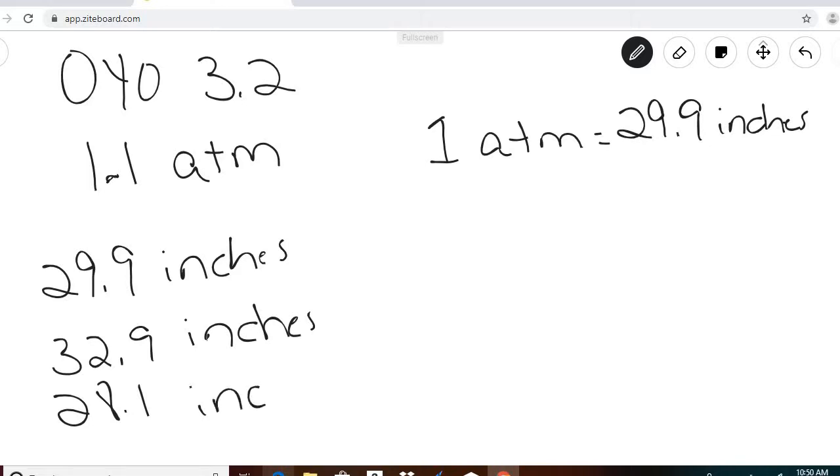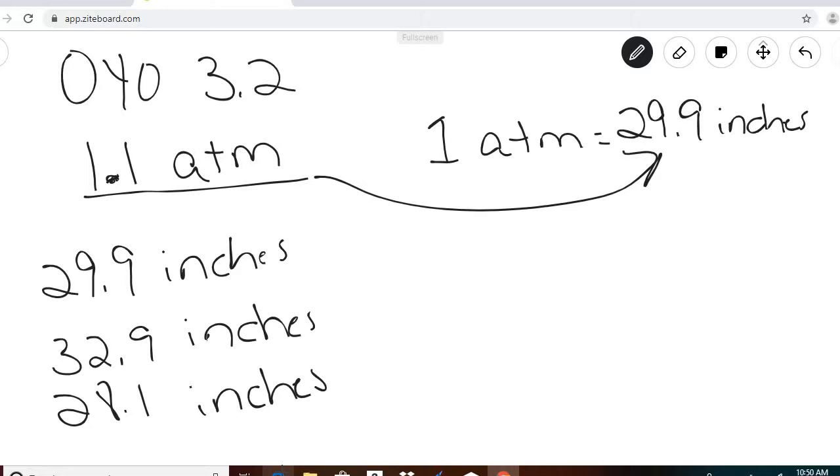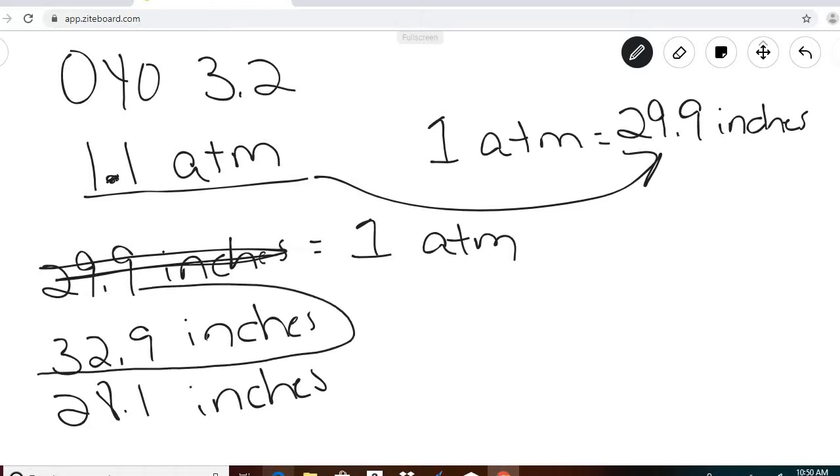Okay, so this tells us that the pressure is above average. If average is 29.9, we can eliminate that one because that is average atmospheric pressure, that's 1 atmosphere. We look at 32.9 and it is above 1 atmosphere, so this would be our correct answer.